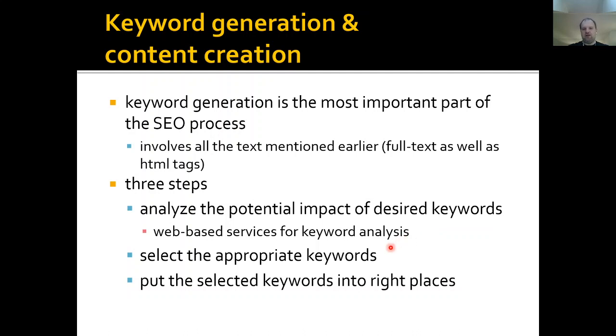Then after this analysis, we must select a set of appropriate keywords that is really organic for our content, not to act as manipulation, because we need to augment the content, not to manipulate it. And then put the selected keywords into the right places, again in an organic way, not to be visible as manipulation.